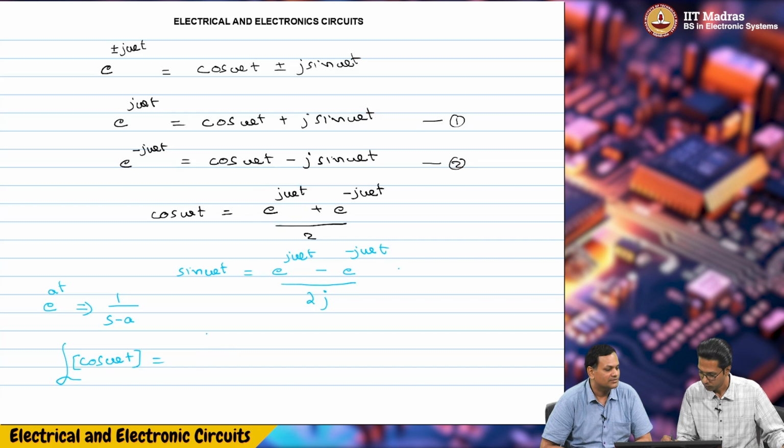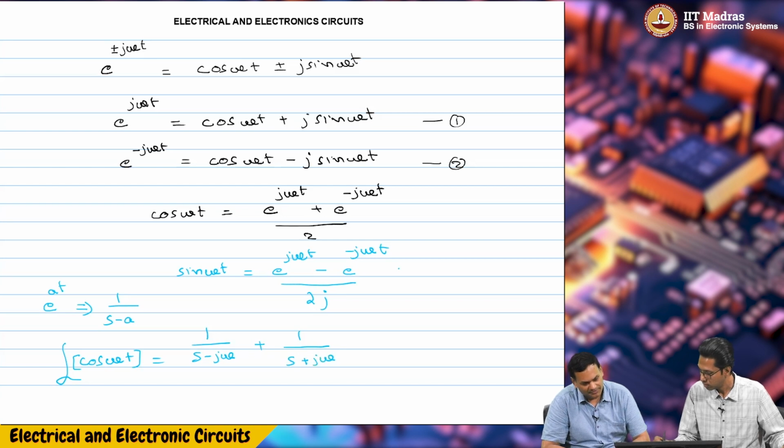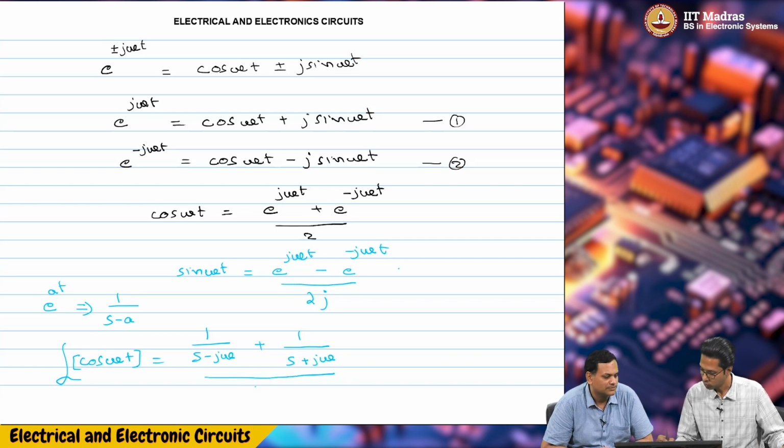So it will be 1 by s minus j omega plus 1 by s plus j omega, divided by 2.